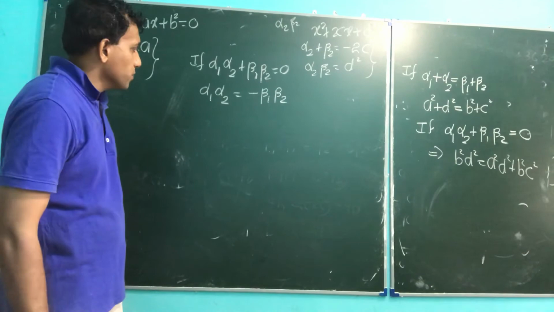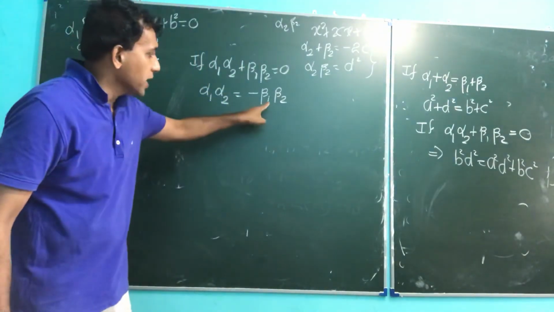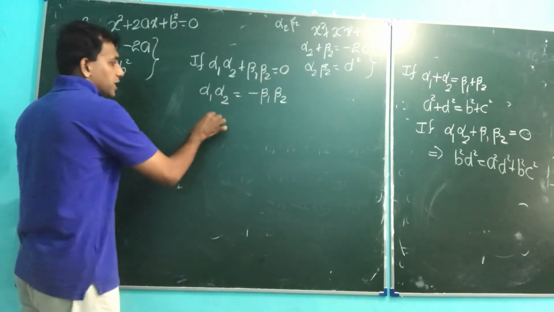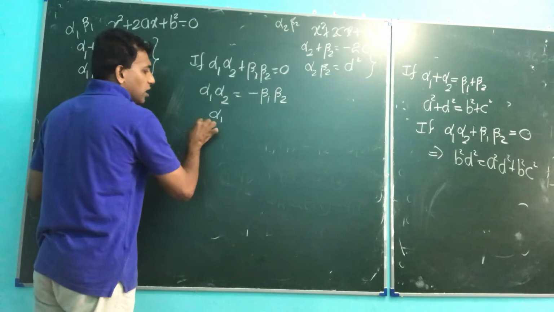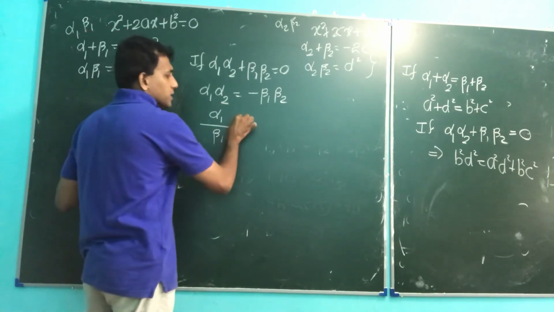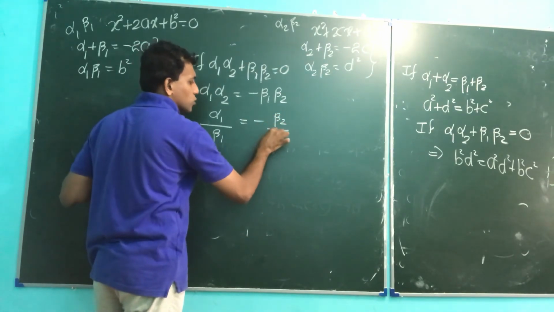Now see, with the alpha 1 we need the beta 1. Therefore take the beta 1 below, take the alpha 2 there. Divide. Alpha 1 beta 1, other side minus beta 2 alpha 2.